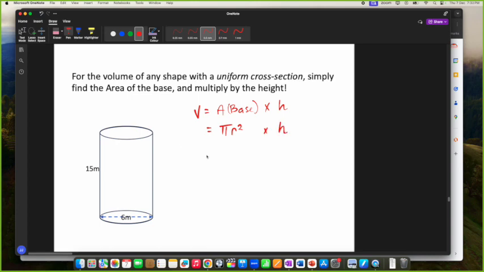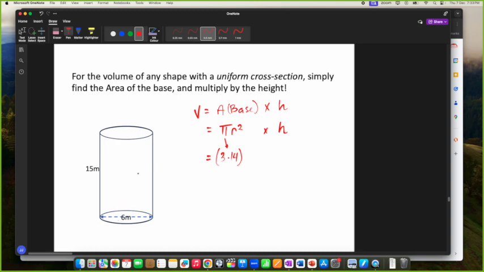So the area of the base is pi, which is 3.14. Pi is always 3.14. Pi is a constant. Multiply by r, the radius. The radius is not 6.